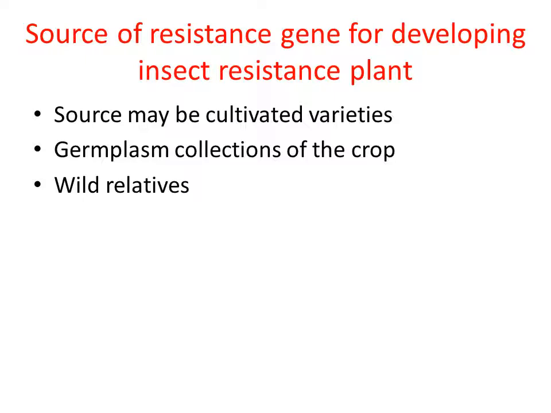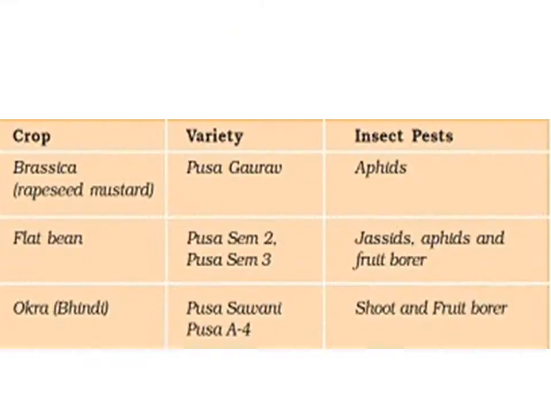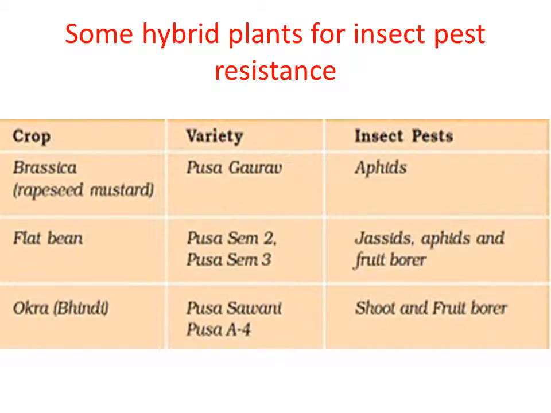Now let us study some examples of insect resistant plants raised by plant breeding techniques. Here we go with the hybrid plants for insect pest resistance. Clear? This is the tabular column, very important for the point of examination. In this tabular column we can see the improved variety raised by plant breeding technique for insect pest, right?